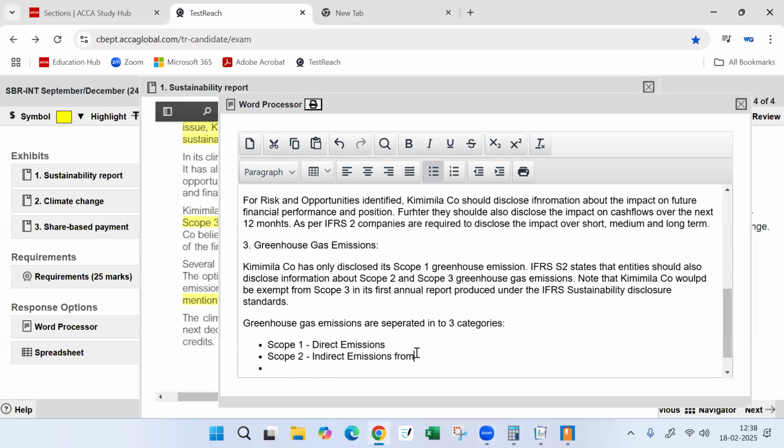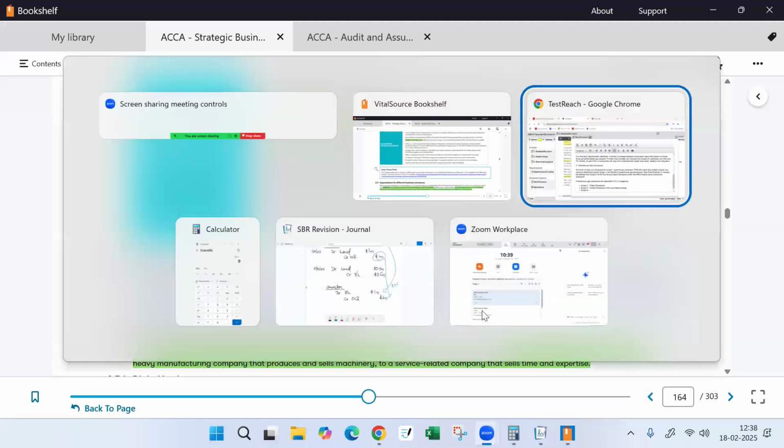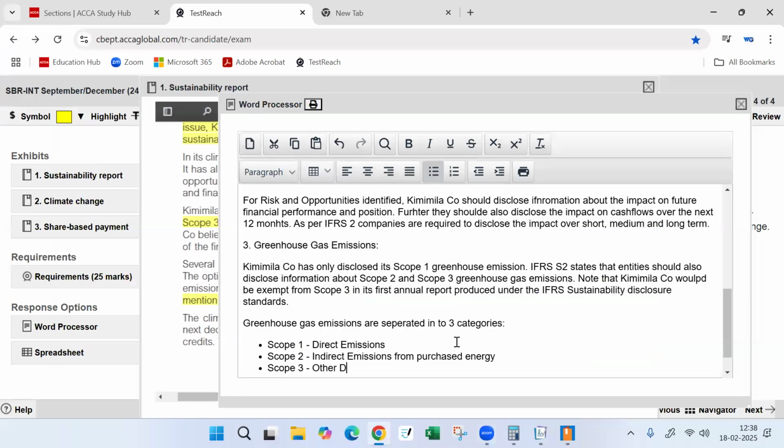And scope 3, other indirect emissions from the entity's activities.